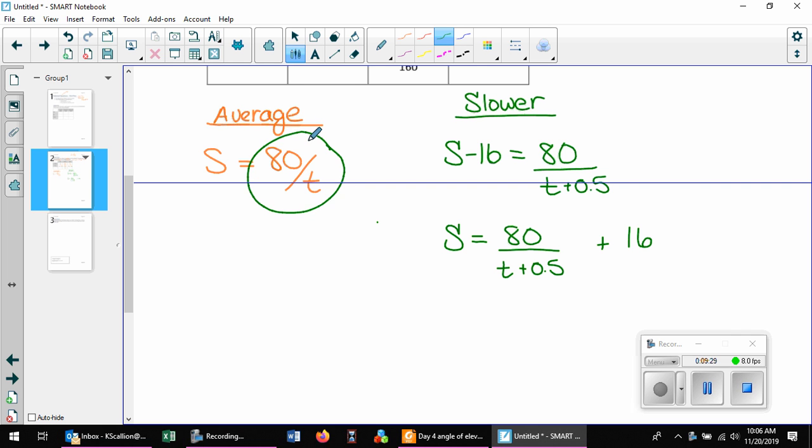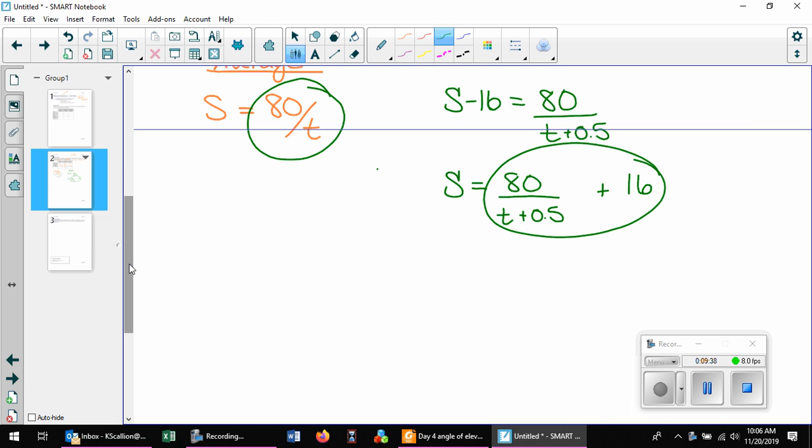So this thing and this thing are equivalent, right? So we're going to set those equal to each other. So 80 over T. Okay. So now you have a rational equation. Right? Yes. Now we're going to solve it.